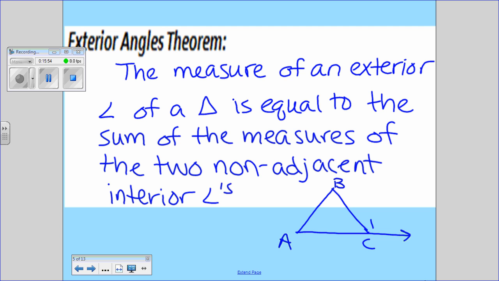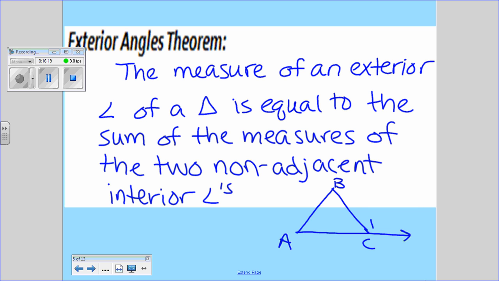Anything else we know about adjacent? Say it. They do not overlap. Good job, girl. That's a big thing. When I use the word adjacent, I like to say that they're next to each other. They share a side. They're right next to each other.